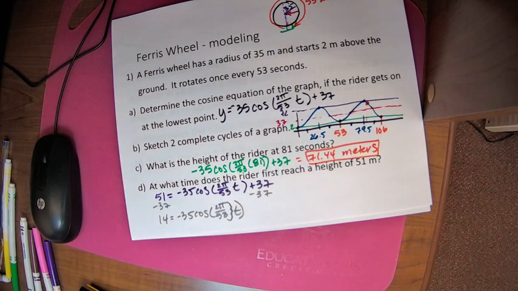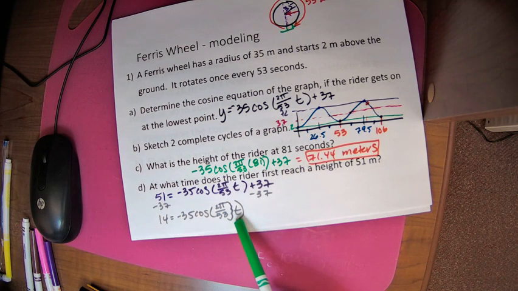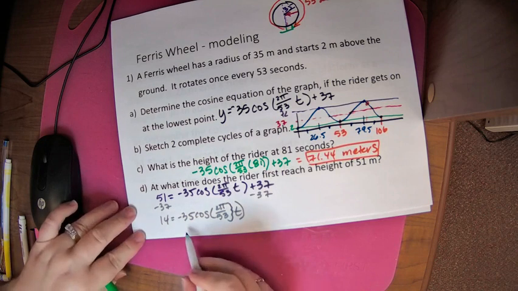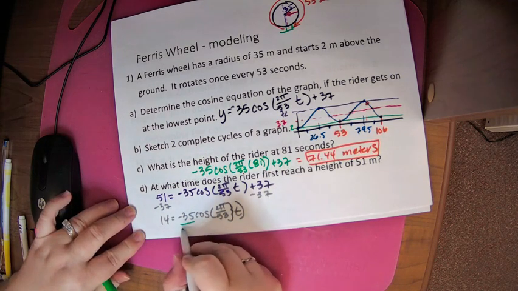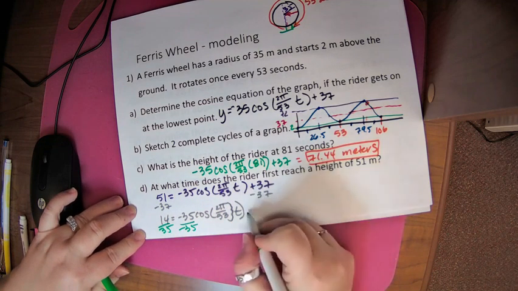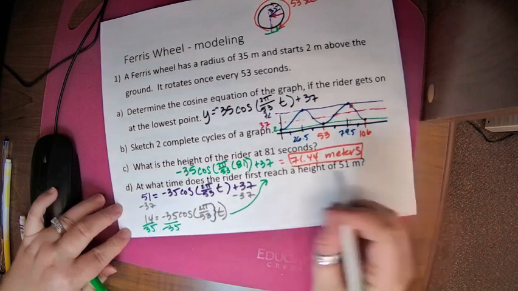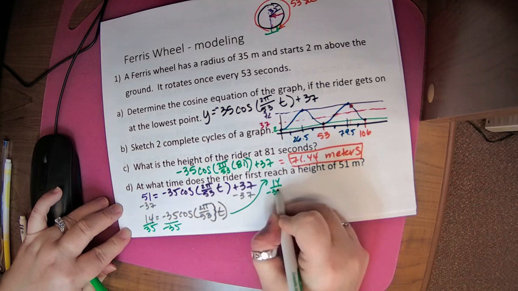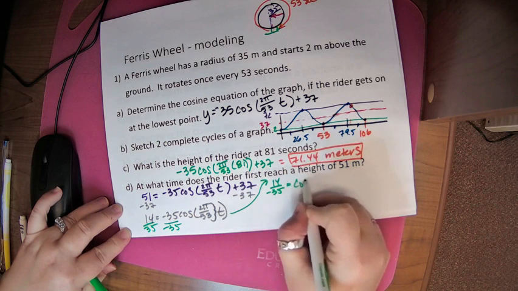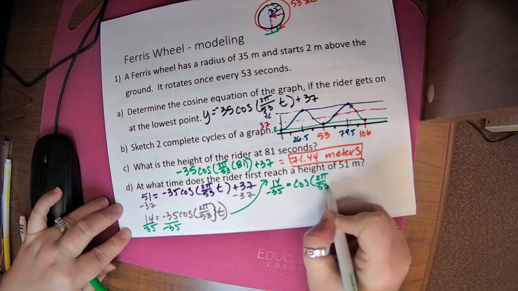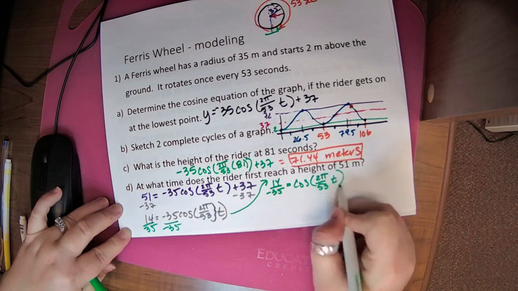Now here's our trouble, is that t is still in the middle of a whole bunch of stuff. However, negative 35 is being multiplied to all of that stuff. So if we divide by negative 35, now we've got 14 divided by negative 35 equals cosine of 2 pi over 53 times t.